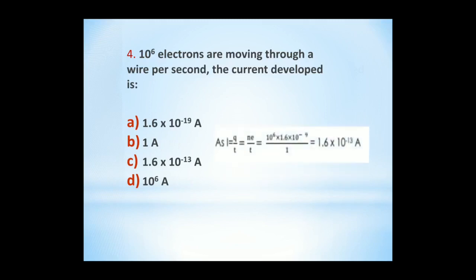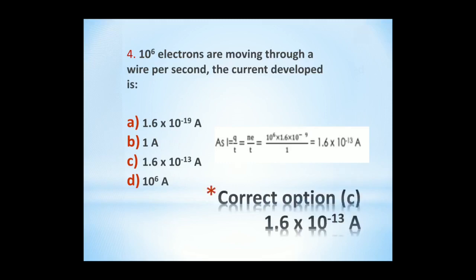As we know, I is equal to Q by T, and furthermore, Q is equal to N into E. N is the number of electrons and E is the charge on an electron. By putting in the given values, we get 1.6 into 10 power minus 13 amperes. So the correct option is C, 1.6 into 10 power minus 13 amperes.